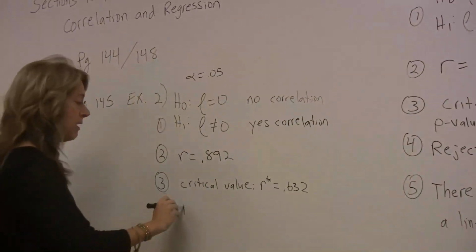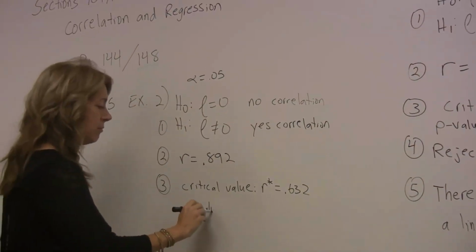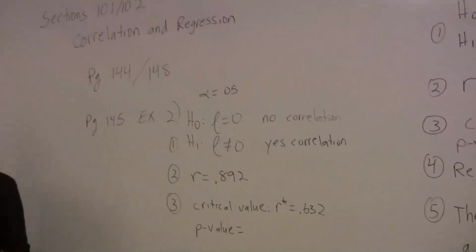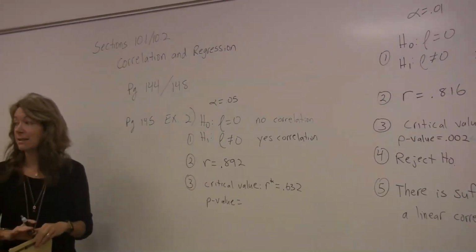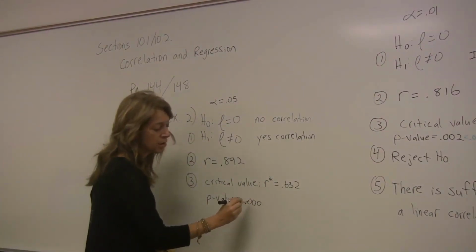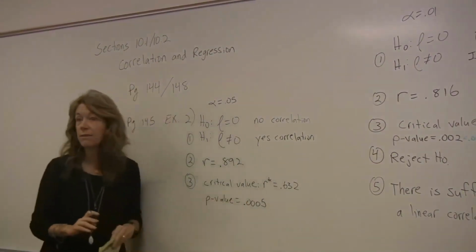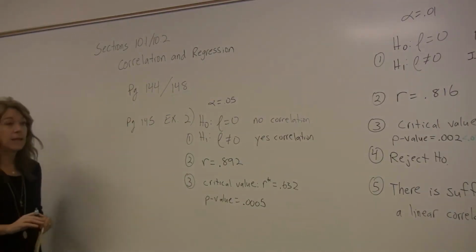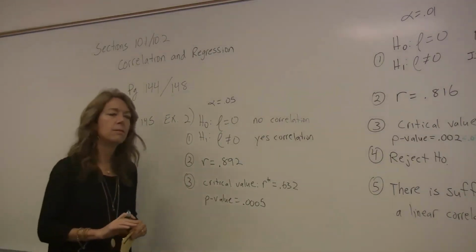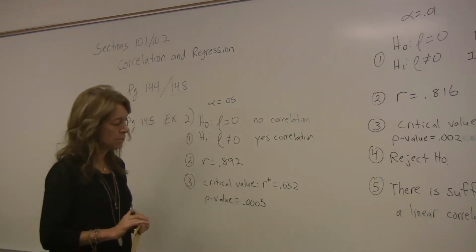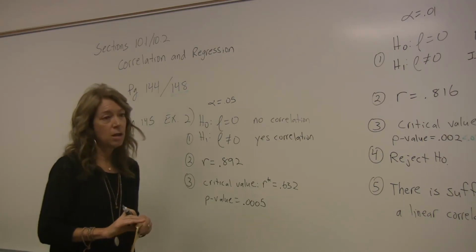You could also do the p-value, which your calculator gave you. Which was? 3 zeros? What was the last number? 0005? Yes. For that, could we put 0 plus and then just include the scientific value?